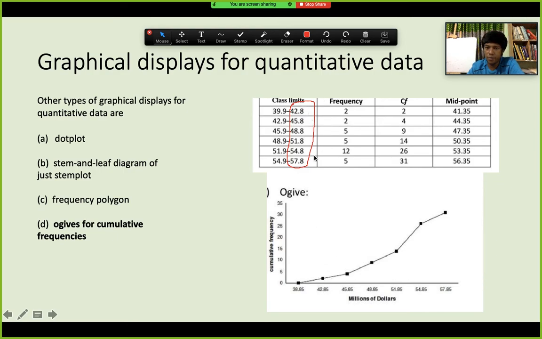So for 42.8 we have this value. 42.85 actually came from the actual data. Let's consider it's 42.8. Then 45.8, then this other data. We take the highest point. And then these are the cumulative frequencies. This is 31. This is 35. So you see 31, we take the cumulative frequency as this one.